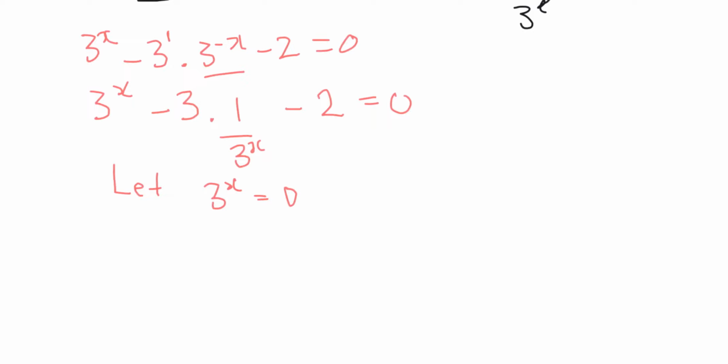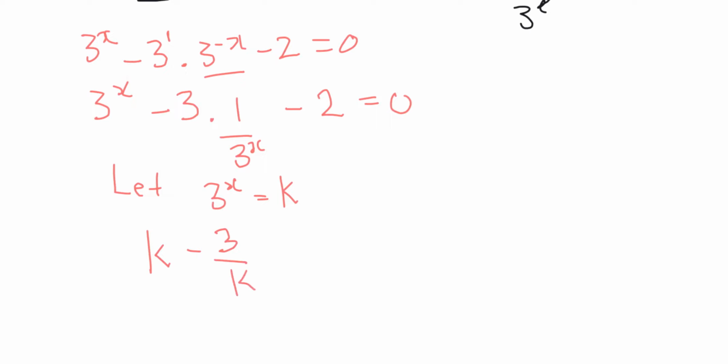Anywhere where there is a power of 3, we are going to write k, right? So now this is going to be k subtract 3 over k. Remember, this 1 multiplied by 3 is still the same thing, right?